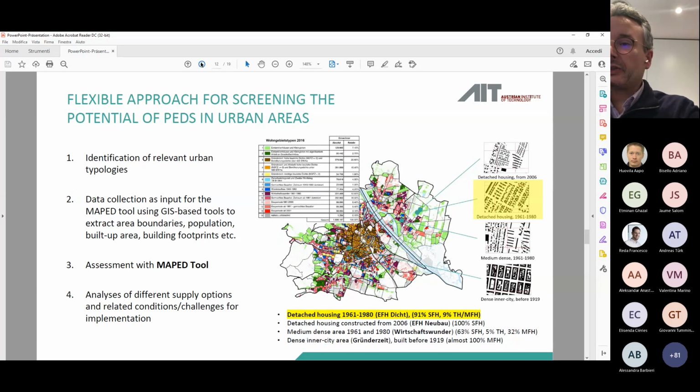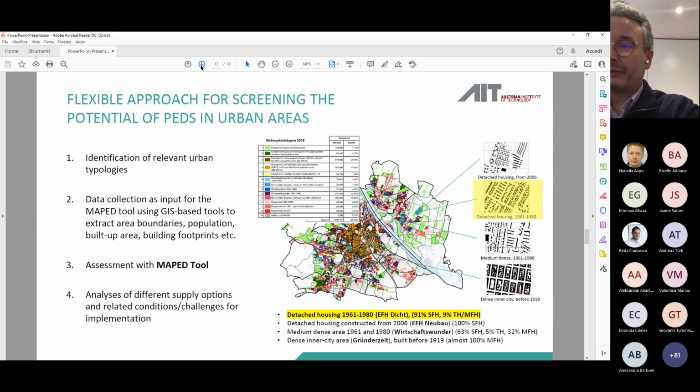As case studies, we used 4 urban areas in Vienna: detached housing from recent years, from the 1960s to 80s, medium dense housing, which is social housing, and a dense inner city area. At the beginning, we thought we could test all the 4 different concepts for PETs in these areas.